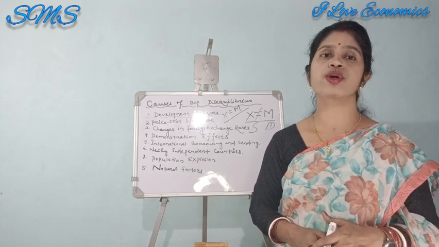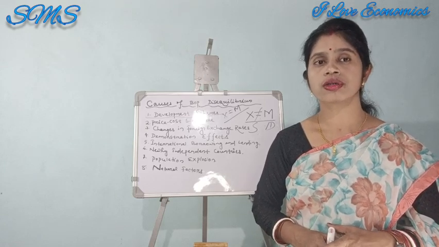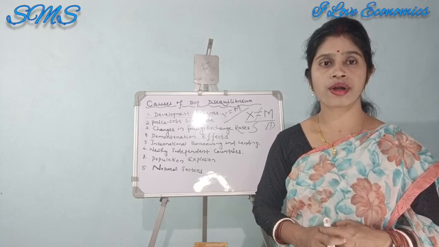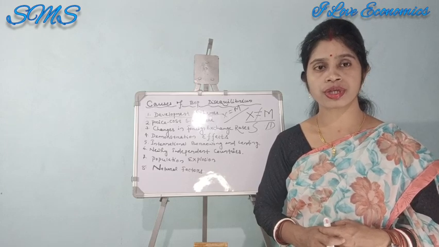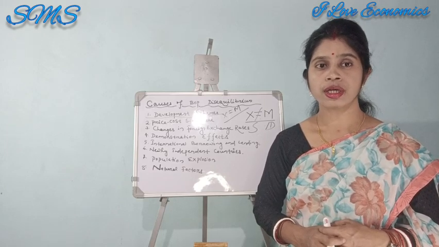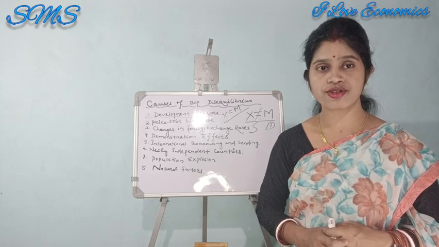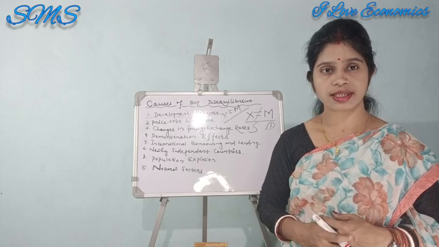the country depends upon foreign countries for consumption, because when there are natural calamities like flood, earthquake, tsunami, cyclone, super cyclone, the production will be destroyed. For consumption, they depend upon foreign countries to maintain their existence.